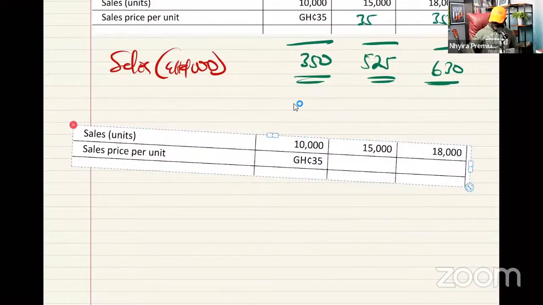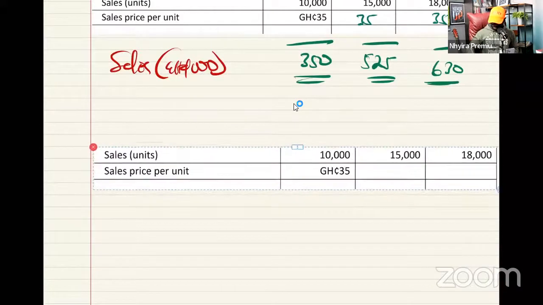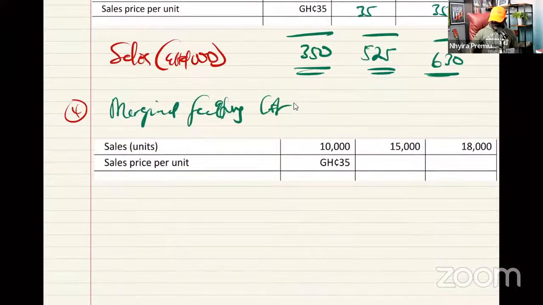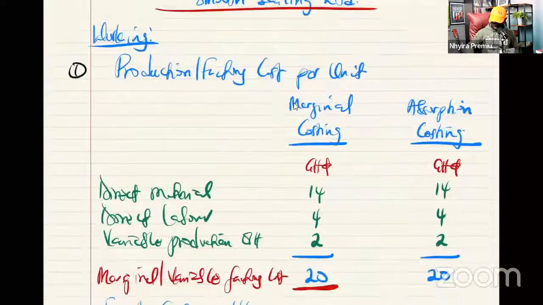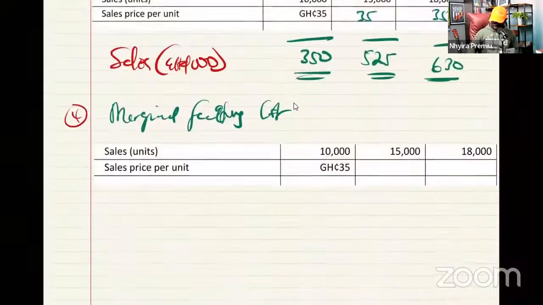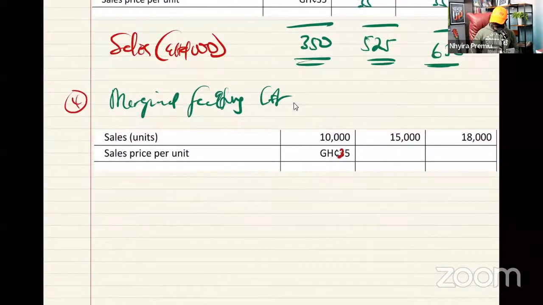So that'll be workings for marginal cost, marginal factory cost. And we did a calculation for that from workings 1, it's 20 Ghana cedi. So we won't do times 35. We are doing times 20.